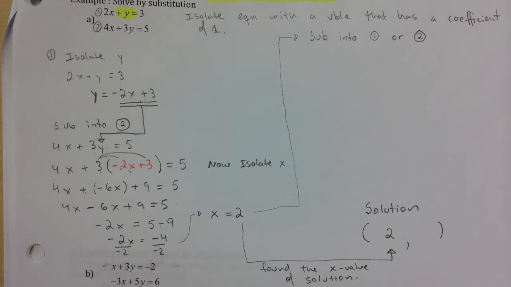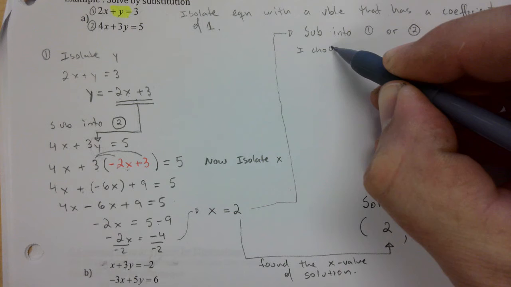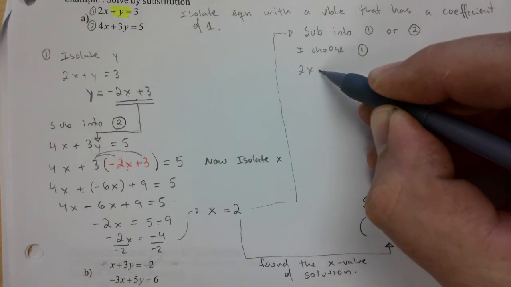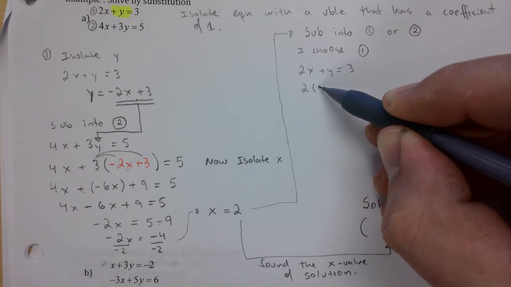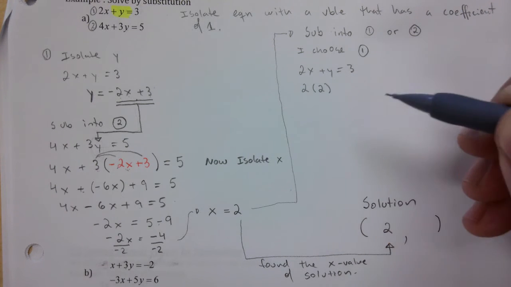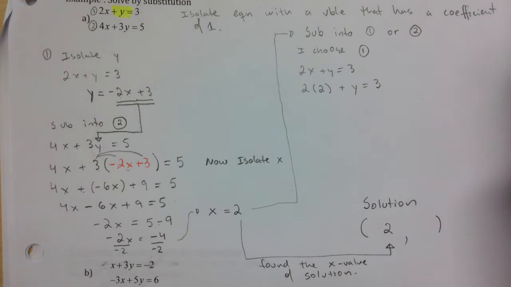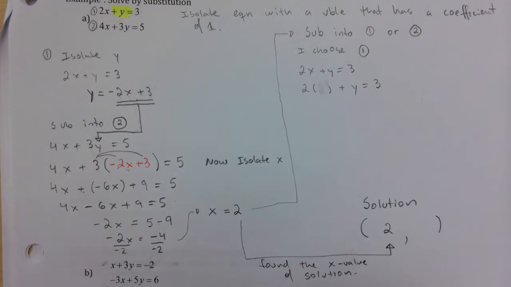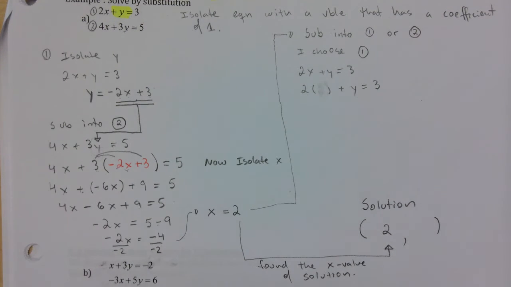Both should give you the same y value that you're after, okay? So I'll pick the one that's easiest, okay? So it's 2x plus y is equal to 3. We found that x is equal to 2. I will erase that and use a red pen on that one. Or I should probably use blue because I used the other one.